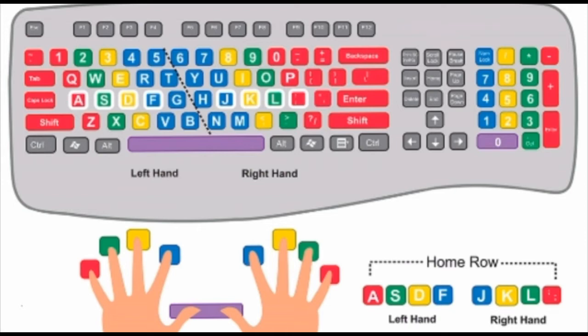The third row contains 9 alphabetic keys, 2 keys with symbols, 1 caps lock key and an enter key. The fourth row contains 10 alphabetic keys, 3 keys with symbols and a tab key. The fifth row contains 10 numeric keys, 3 keys with symbols and a backspace key.